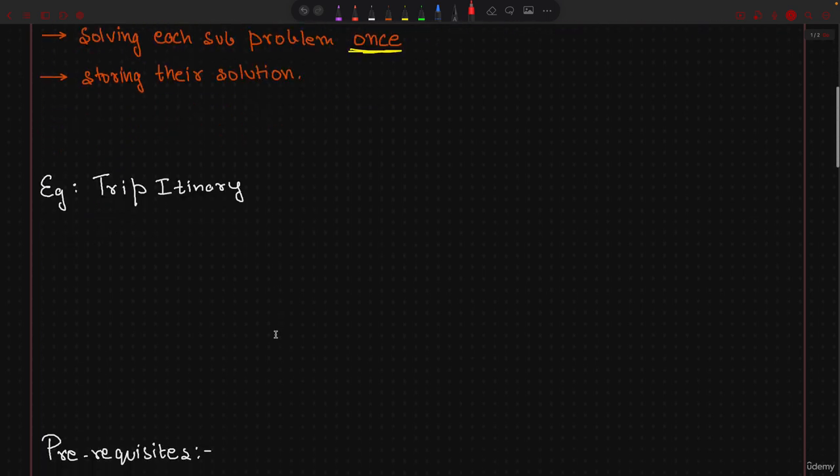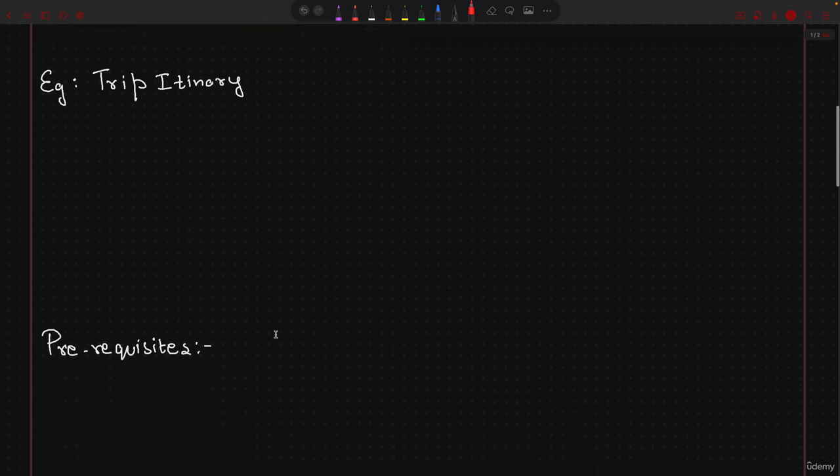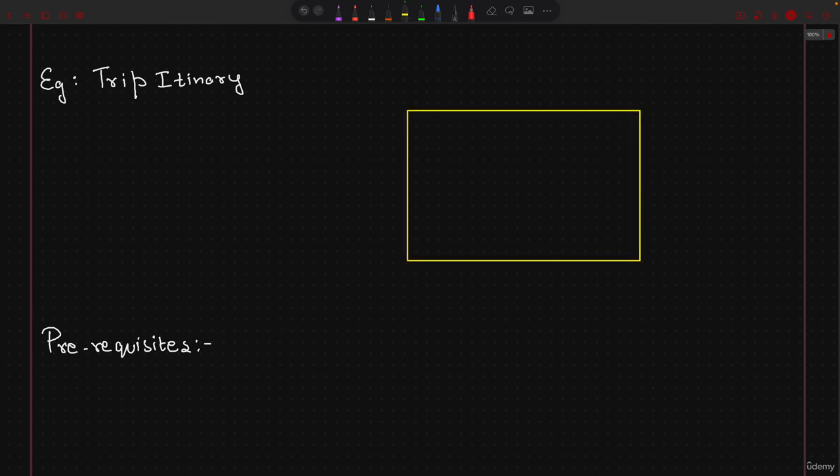Let's say we are making an itinerary of our trip. We have a trip coming and we are planning where we have to go and where all we have to visit. Let's say I have a map like this, and there are a few places here: place 1, place 2, place 3, place 4, and say some place 5.